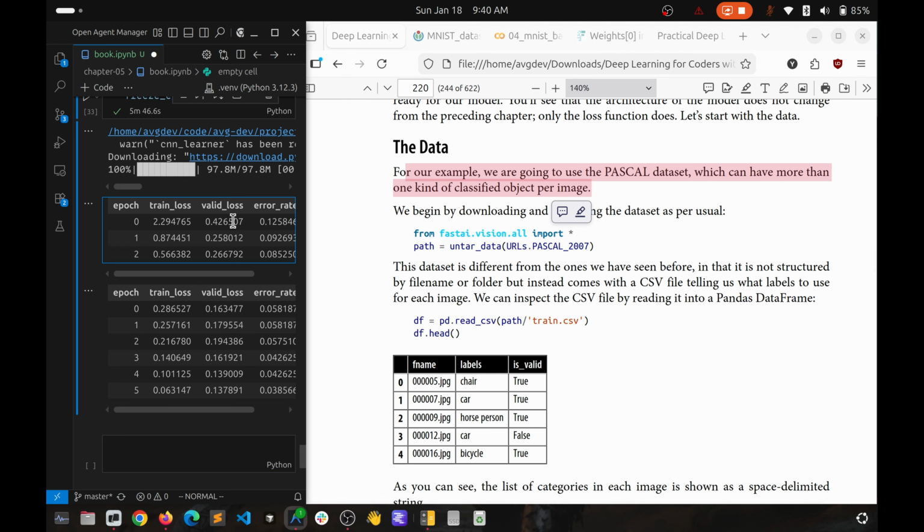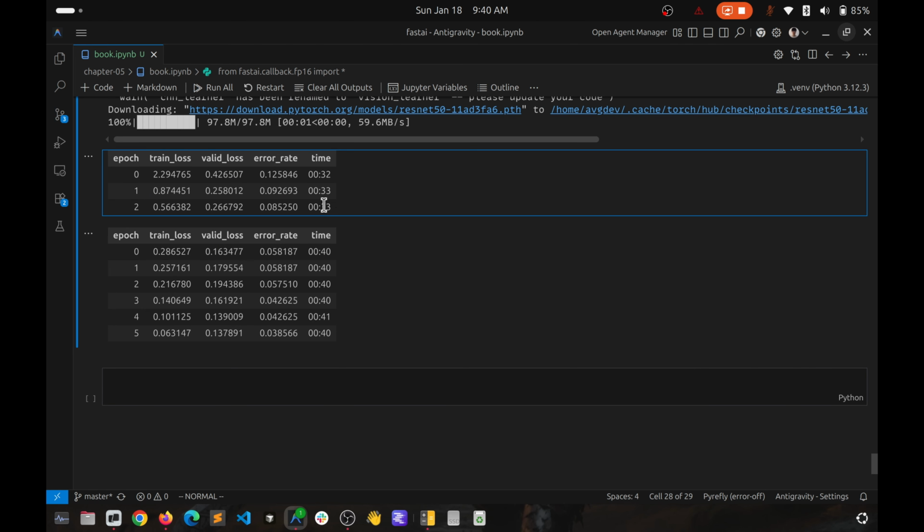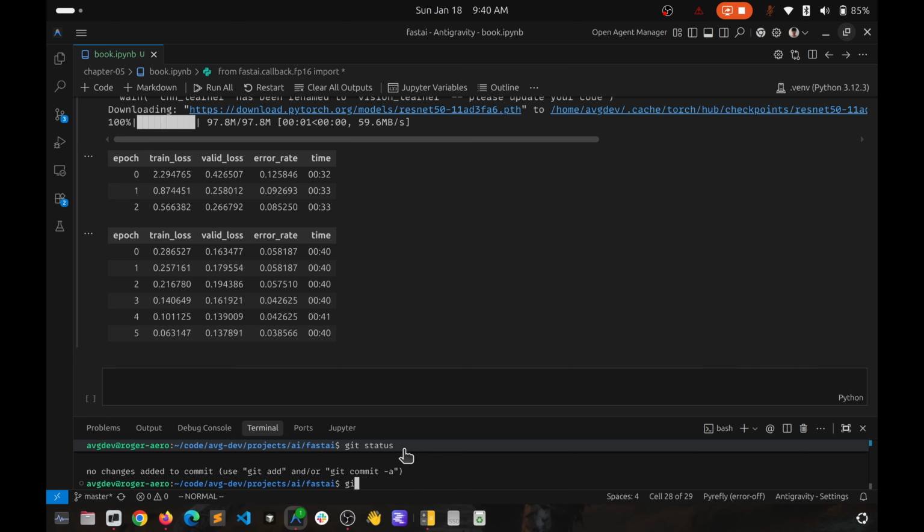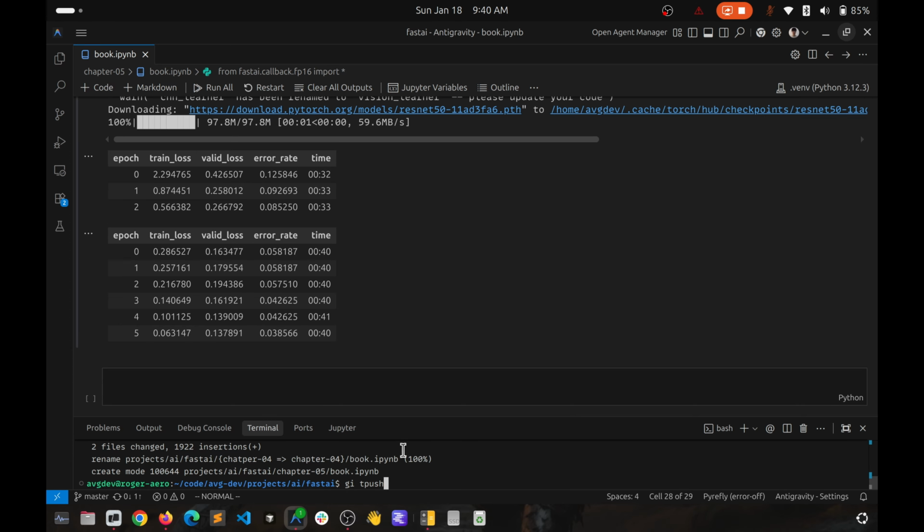Okay, so now it's time to create a new notebook. Okay, so git status, just add the chapter, and then git push.